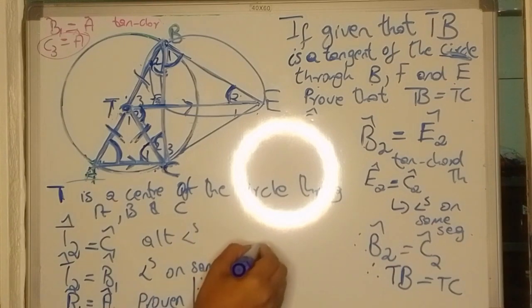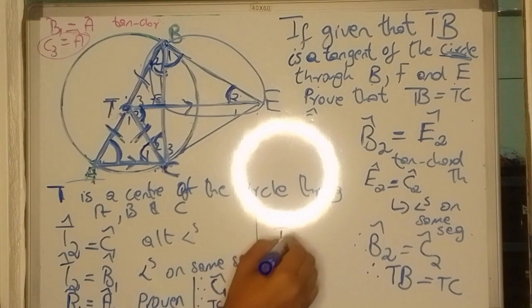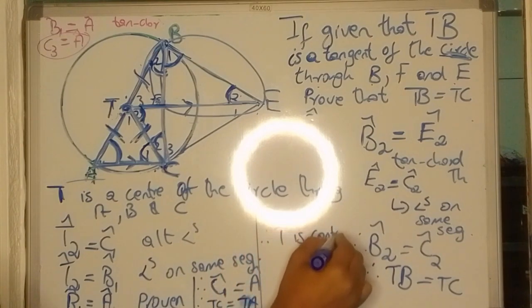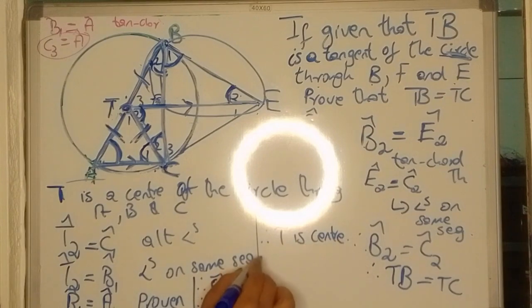So then what can we conclude? We can then conclude that T is definitely the center. What's our reason?